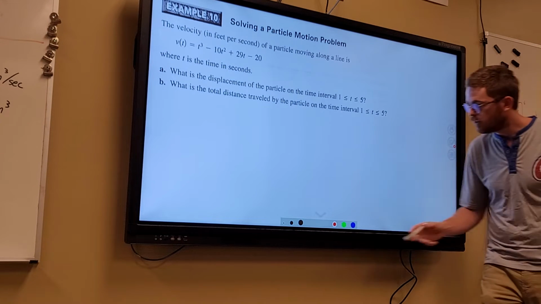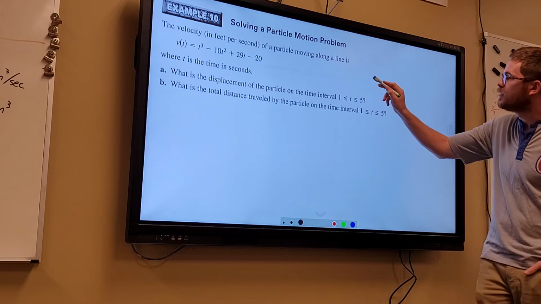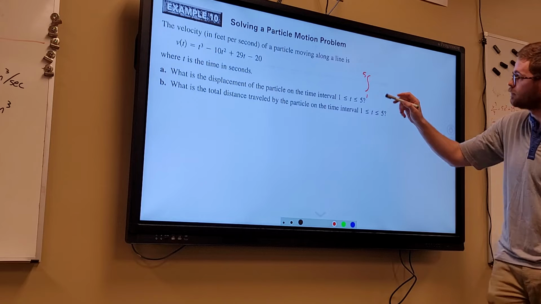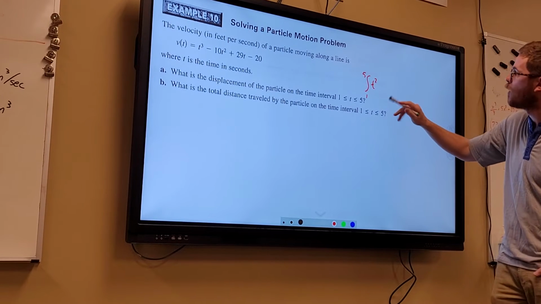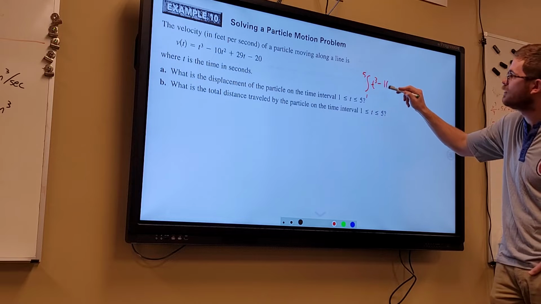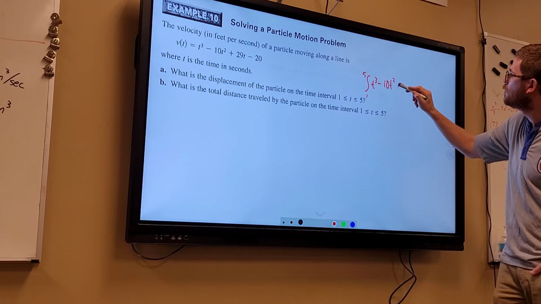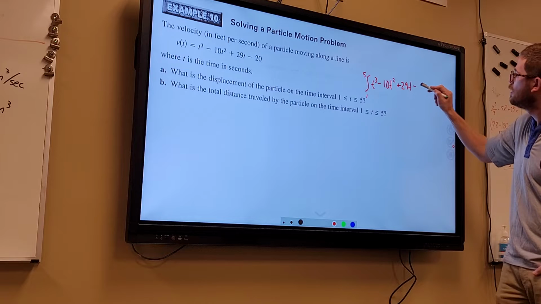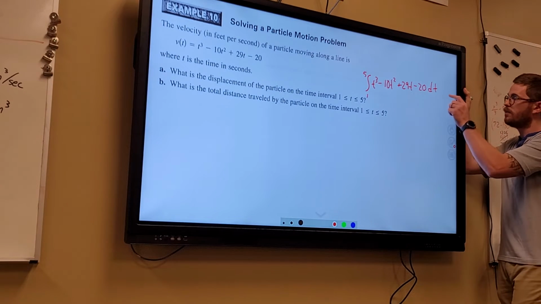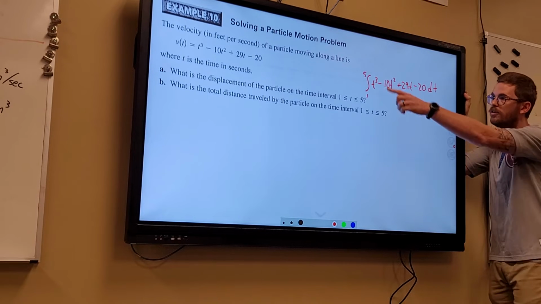So to find the displacement, all we have to do is integrate from 1 to 5 our velocity function. So t cubed minus 10t squared plus 29t minus 20 dt. Again, setting it up with that dt at the end from 1 to 5.